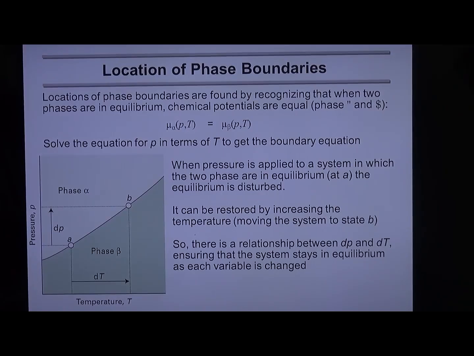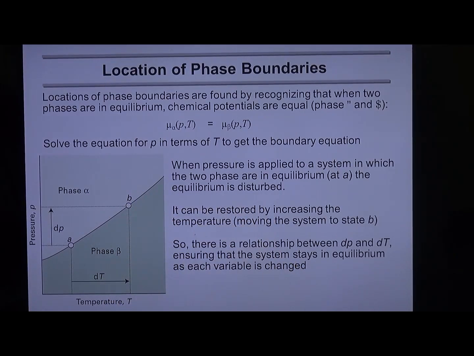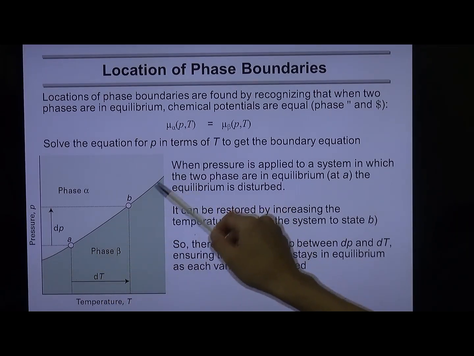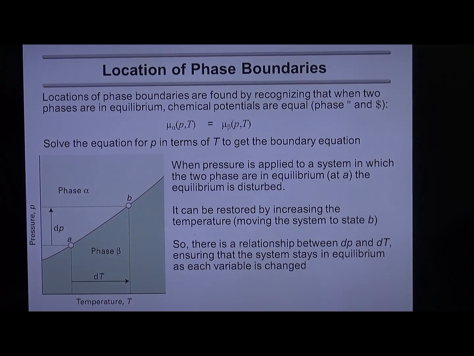So, for example, there is a phase boundary between two different phases. How can we draw this line separating two different phases? Okay? If we can draw this line, especially like 3 or more lines between two different phases, then we can make the phase diagram, right?